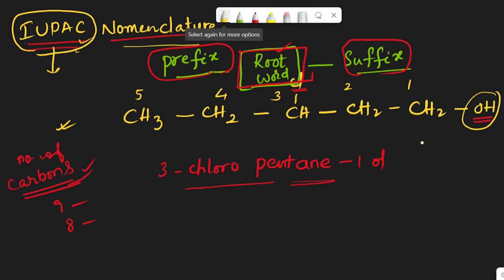If there is one carbon in the molecule, then we name it meth. If there are two carbons, we call it eth. Three carbons, prop. Four carbons, but. Five carbons, pent. Six carbons, hex. Seven carbons, hept. Eight carbons, oct. Nine carbons, non. Ten carbons, dec.